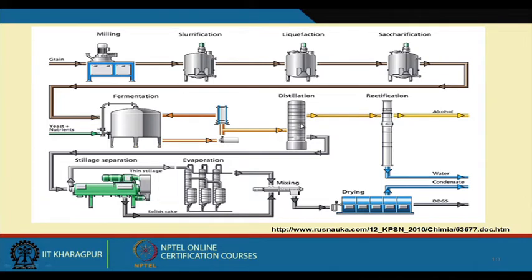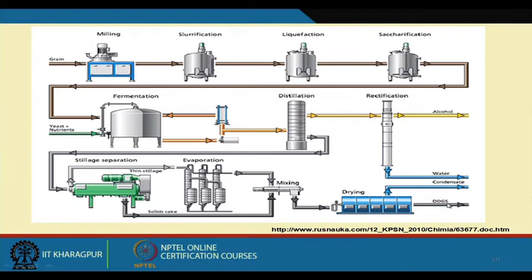After the fermentation we distill this, pass it through the rectification column, we get the alcohol, we take the water out, and the stillage comes this way, for mixing and drying. This is DDGS, the distillers dried grain solids, which also has a use.